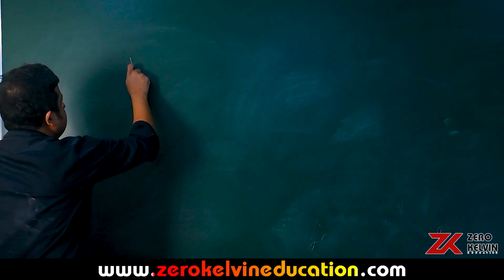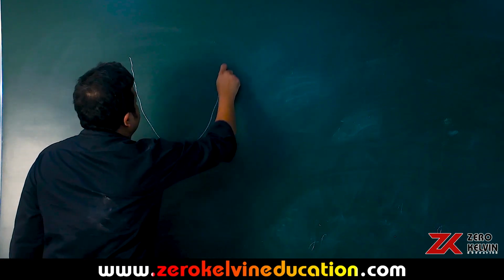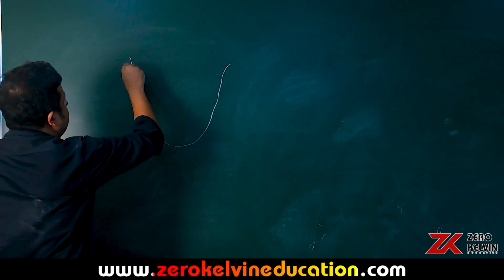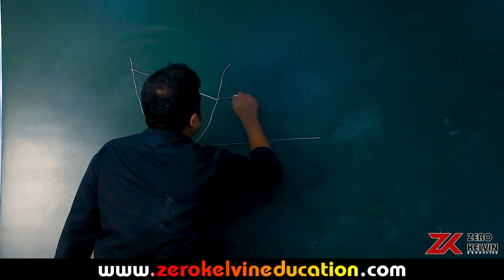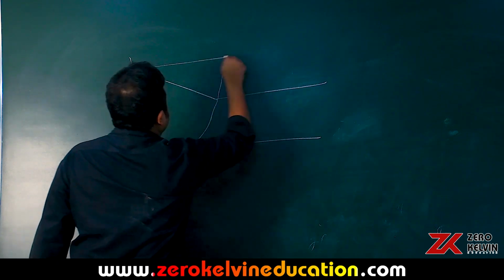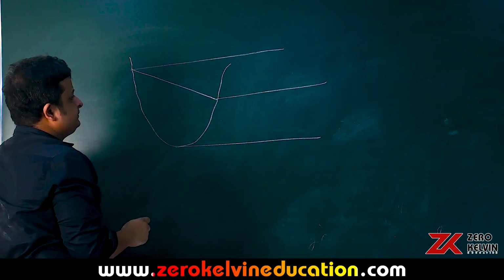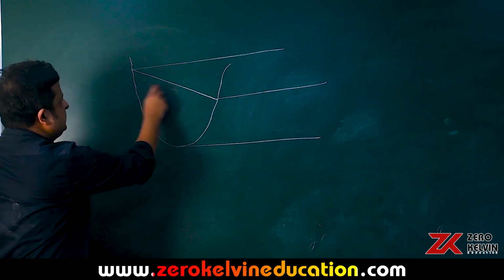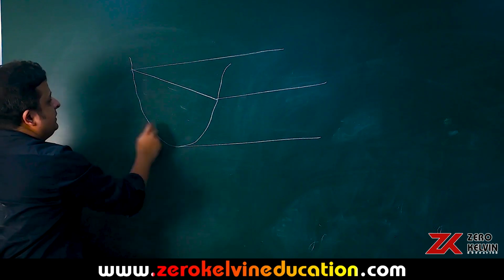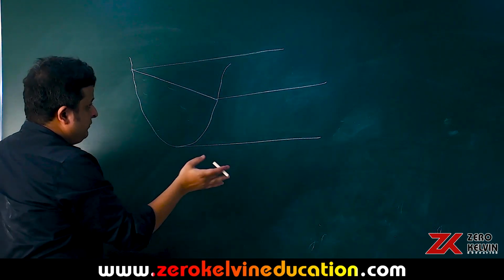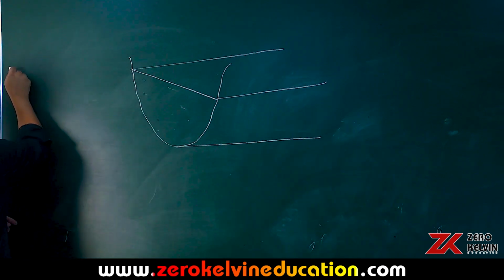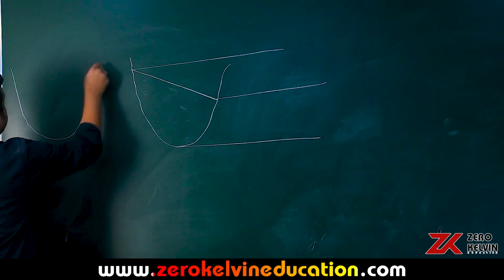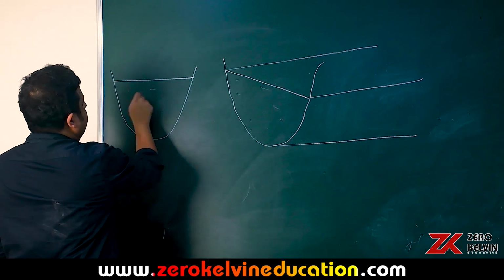Say this is the weighted area, meaning there is liquid here. From the front view, it will look like this.